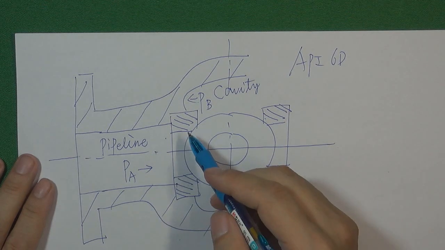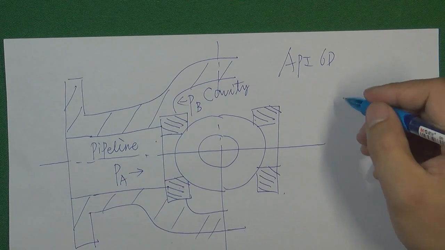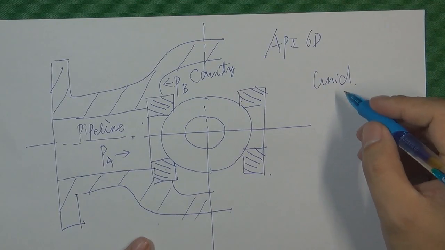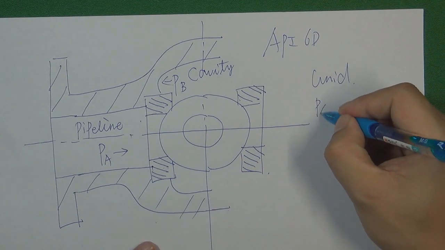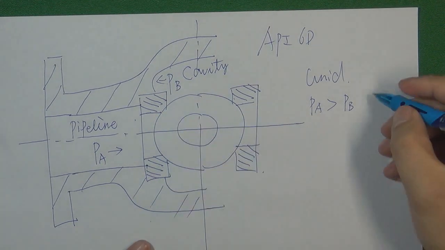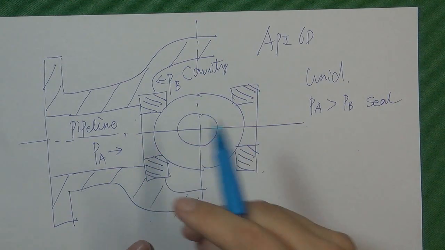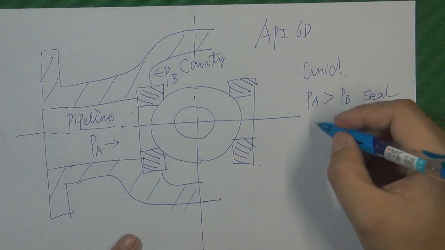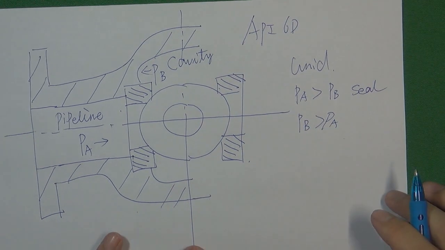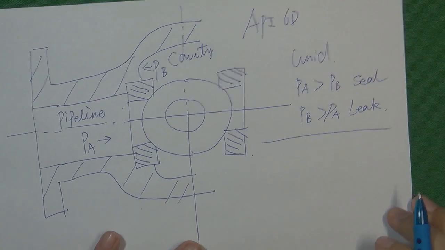So we have two kinds of function for the valve seat. One kind of valve seat we call a unidirectional valve seat. Unidirectional means when pressure A is bigger than pressure B, the seat will seal the fluid outside the ball, outside the cavity. But when pressure B is bigger than pressure A, the valve seat will leak.